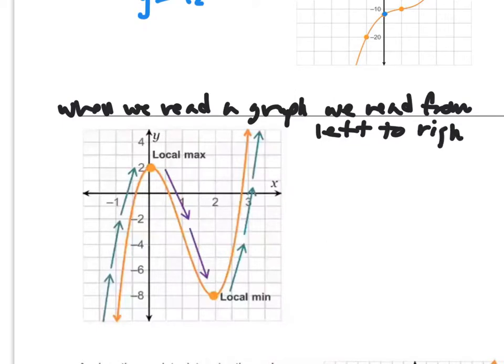And what I want to talk about here is a couple of different things, and one of them is called increasing and decreasing. I'm going to use green here. Increasing means that the graph goes up.